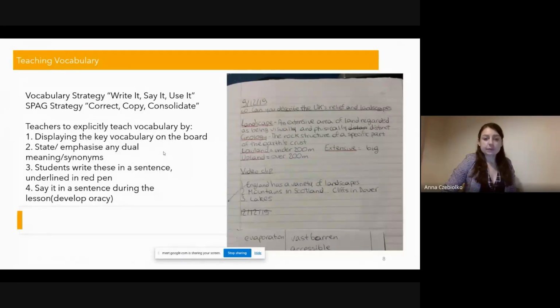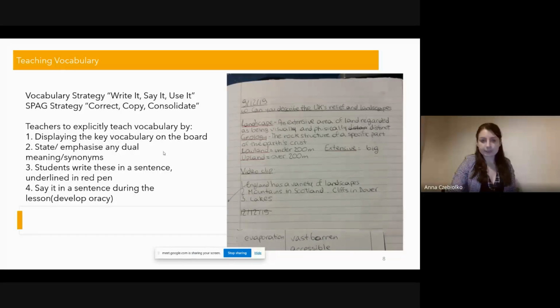So displaying the key vocabulary on the board, there was a lot of stating the meaning, talking about meaning. Students had to explain vocabulary. They were then underlining the key vocabulary in red, and they also had to write sentences, and they were asked to say sentences during lessons. So the development of oracy was also taking place.